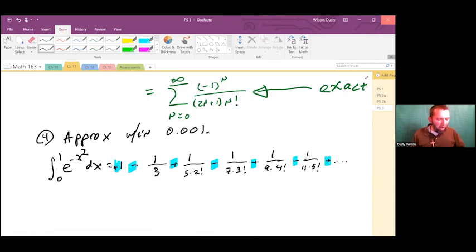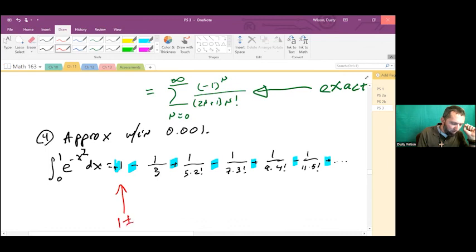So I could think about it this way. If I just stopped at the first term and said this integral is equal to 1, it's equal to 1 plus or minus 1/3, because of this next term out.